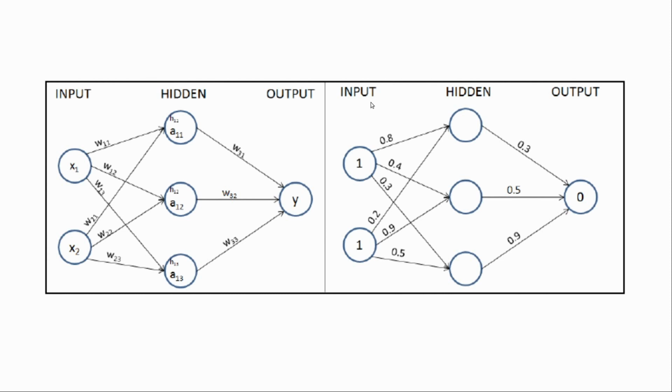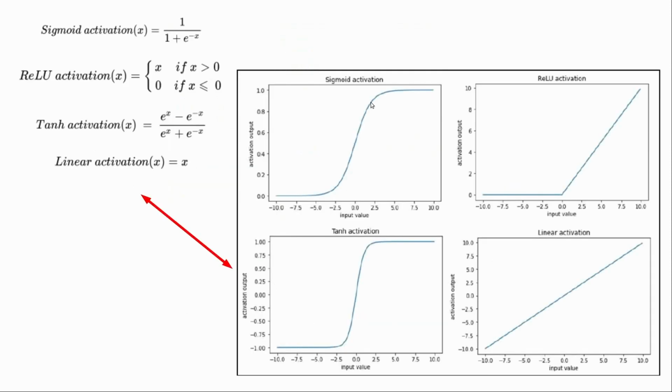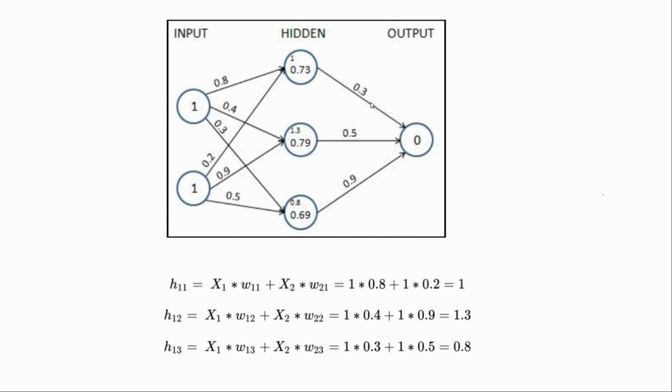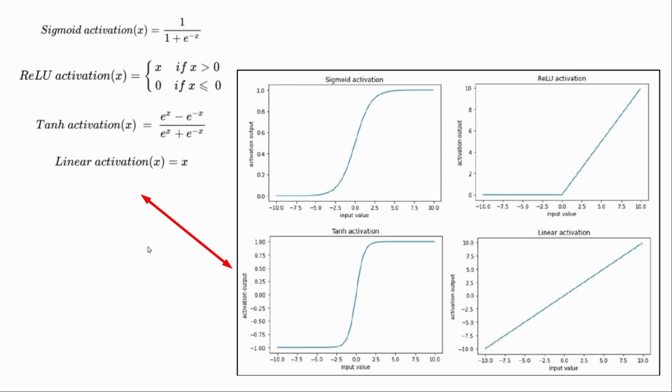So let's see how this comes out in our neural network. Again, this is a hidden layer, and we already calculated the values 1, 1.3, and 0.8 as weighted sums. But now we have to calculate the output values from this hidden layer, which are 0.73, 0.79, and 0.69. Let's see how they are calculated, and that's where the activation function comes into play. We have many kinds of activation functions, but the most common ones are sigmoid, ReLU, tanh, and linear activation.